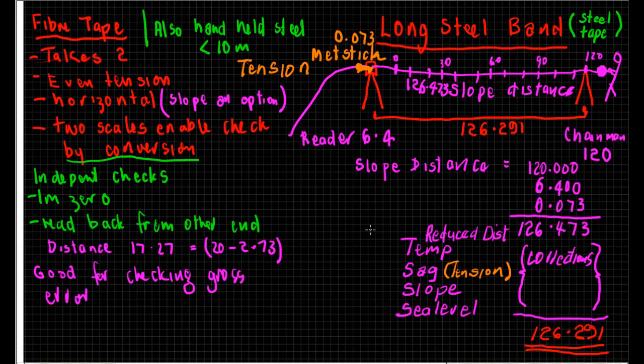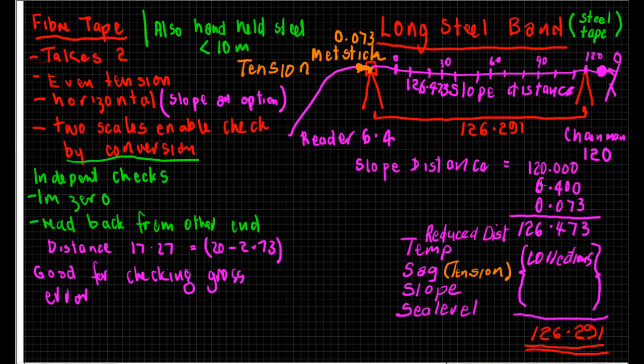He then attaches a ruler, or a met stick, which is 20 centimetres long, has the centimetres marked out in millimetres, and that is attached at the appropriate point. So in this case here, 6.4. So the chainman there has got 120, and then the met stick is attached at 6.4.